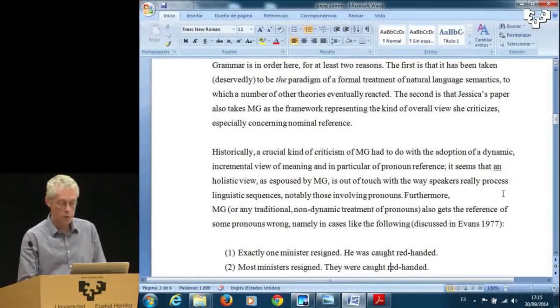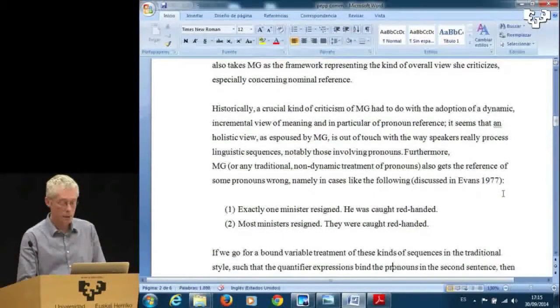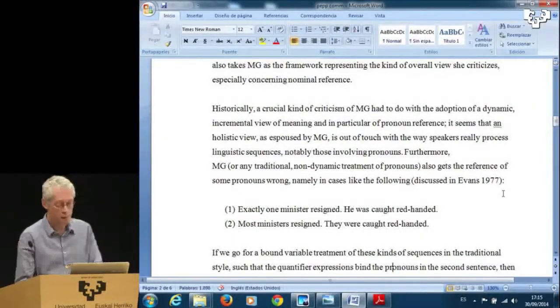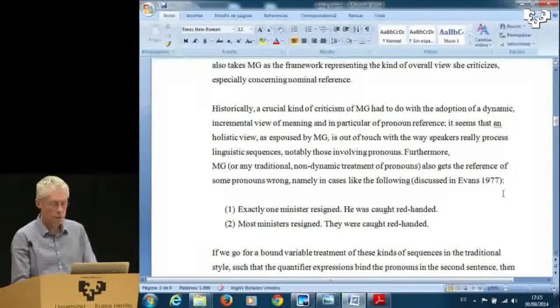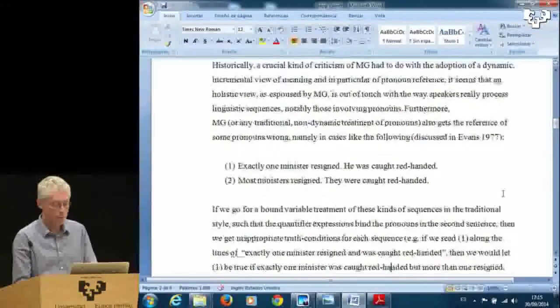Furthermore, MG, or any traditional non-dynamic treatment of pronouns, also gets the reference of some pronouns wrong, namely in cases like the following discussed in Evans 1977. One, exactly one minister resigned, he was caught red-handed. Two, most ministers resigned, they were caught red-handed.